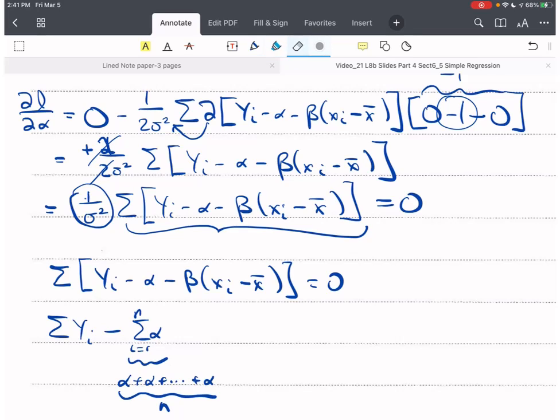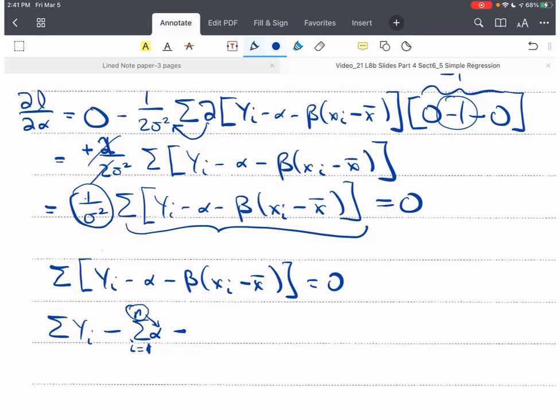When it's a constant and you're summing, you can just multiply the constant by the number of terms, as long as you're starting at 1. If you're not starting at 1, then you need to count how many terms there are, and then take the number of terms times the constant. In this case, we're going from 1 to n, so this will be n times alpha when we simplify.